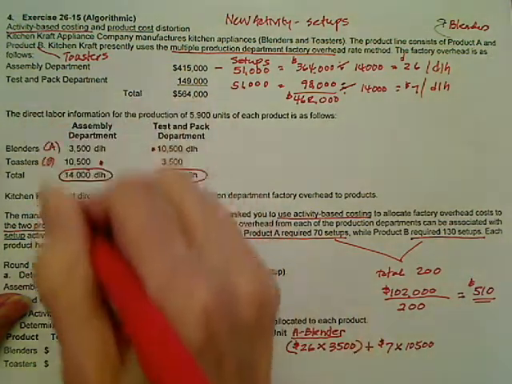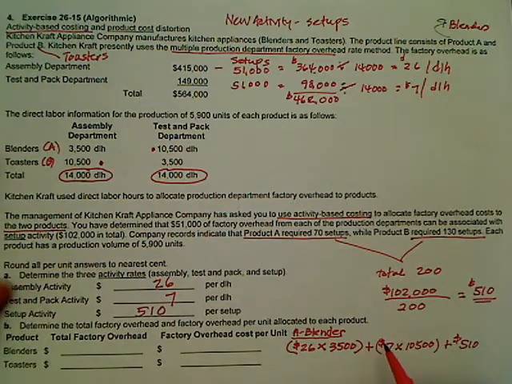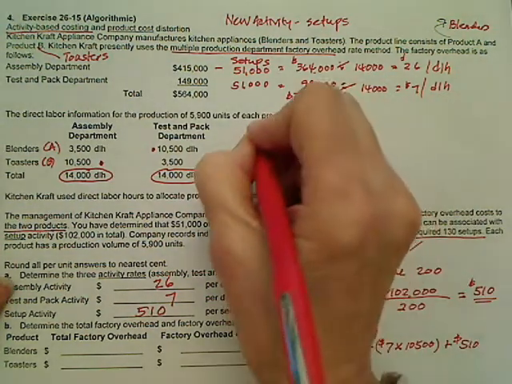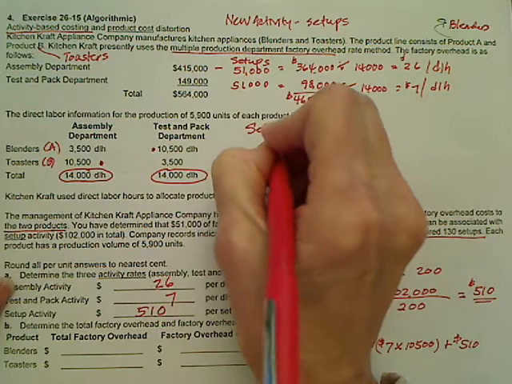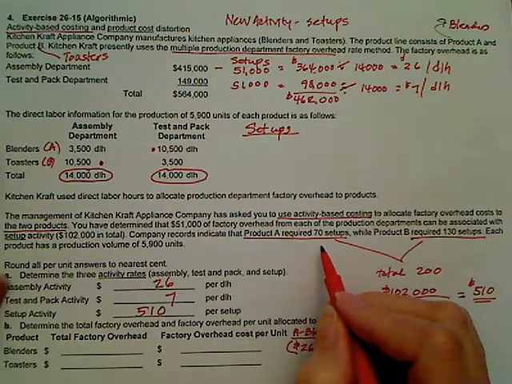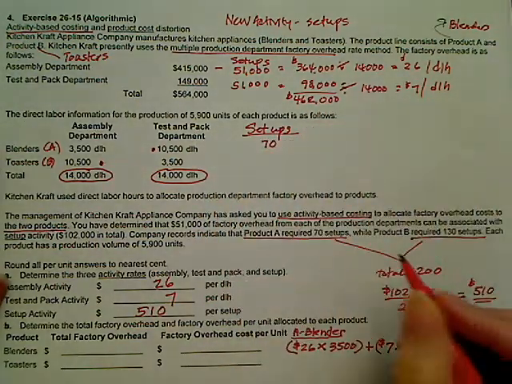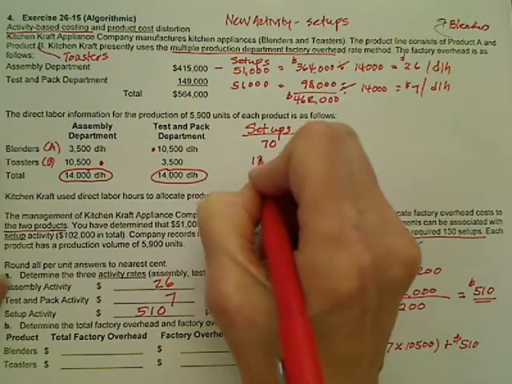We're still working on the blenders here, plus $510 times the setups. They tell us product A requires 70 setups, and product B requires 130.